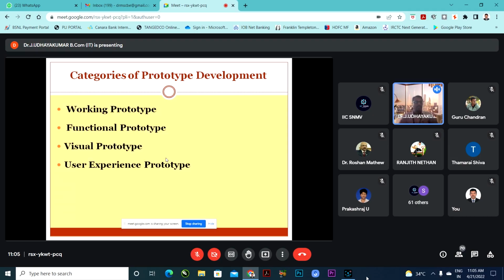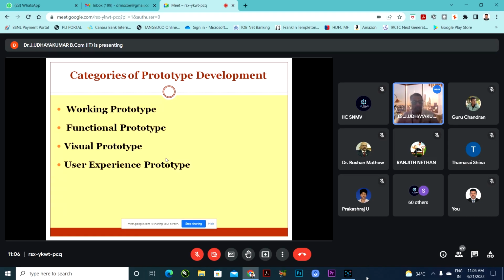But in the visual prototype, we cannot know whether it is functioning, because it is just visual. It is easier to make than other prototypes. Compared to the working and functional prototypes, doing the visual prototype is much easier.